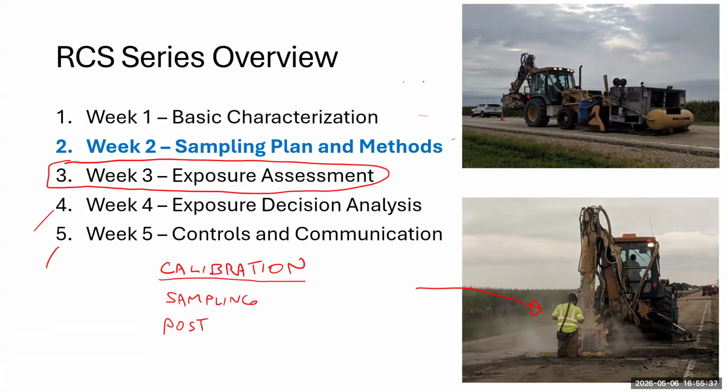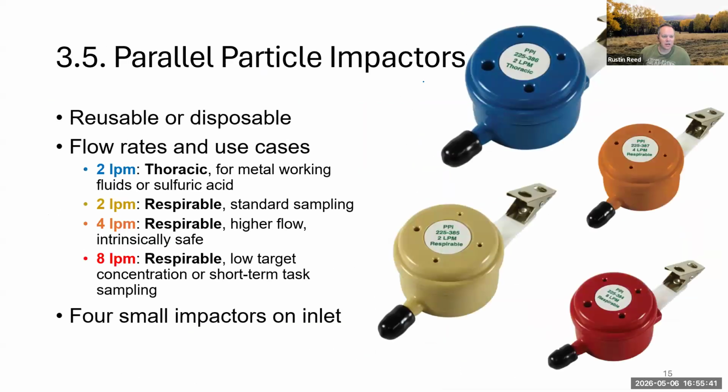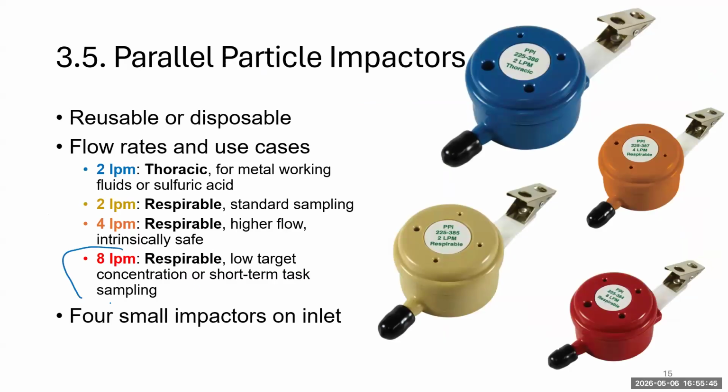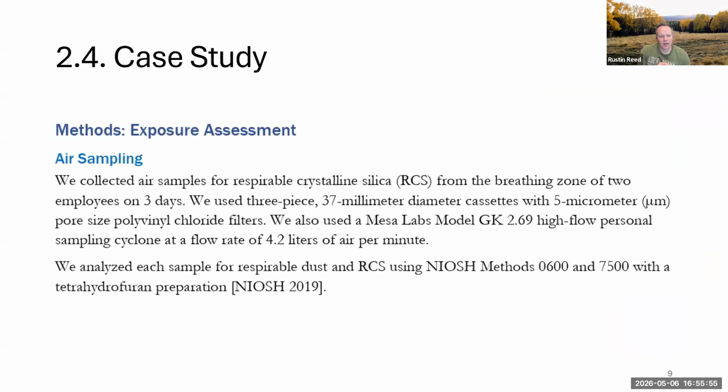Was it the BGI maybe? That was the PPI. You're right though. But besides the impactors, there was a cyclone. Oh, it doesn't specify flow rate. Okay. Well, NIOSH was using 4.2 with their GK 2.69.